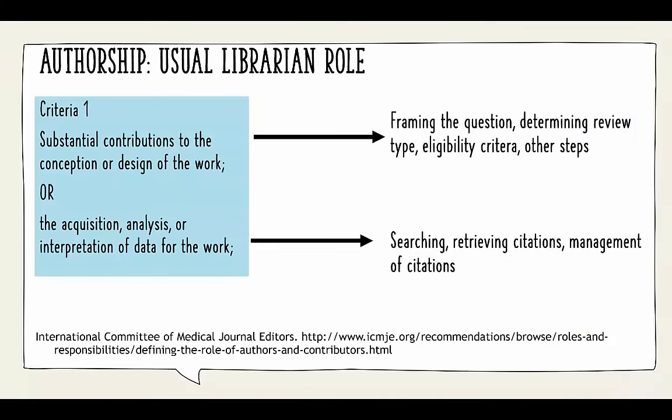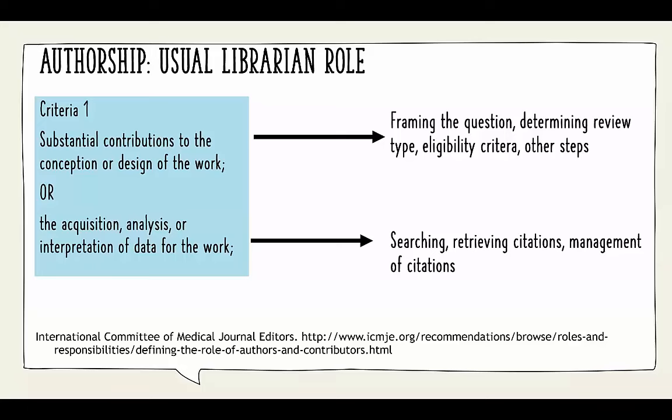When I look at criterion 1, I see a lot of the usual roles that librarians may play. Even in that first part, thinking about those substantial contributions to the concept, a lot of times when I'm meeting with teams, I am helping in framing the question, thinking about what review type this should be and what our eligibility criteria are.